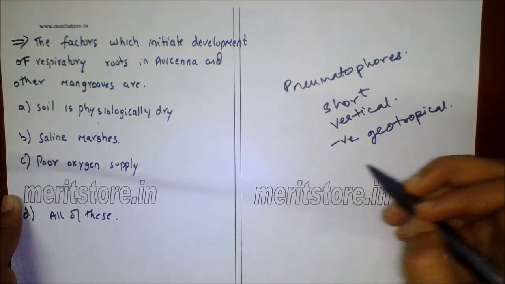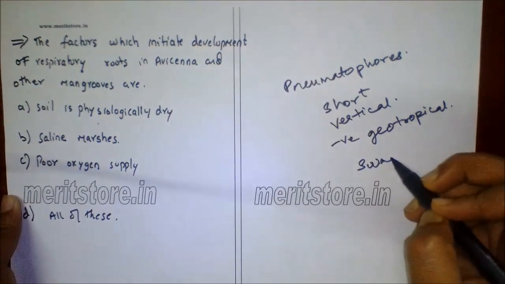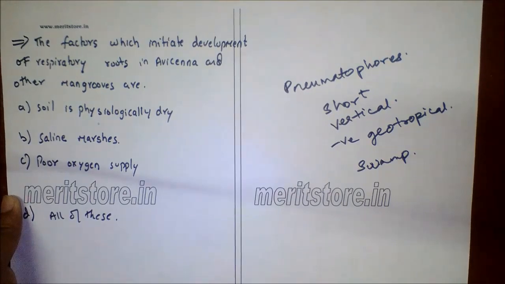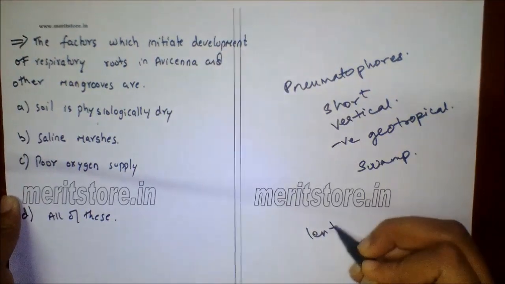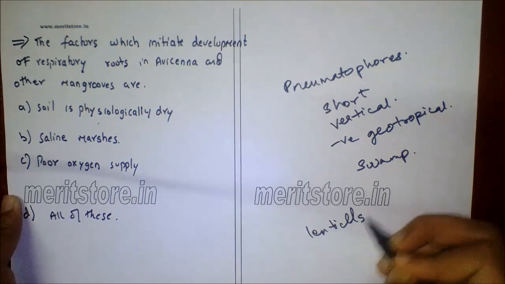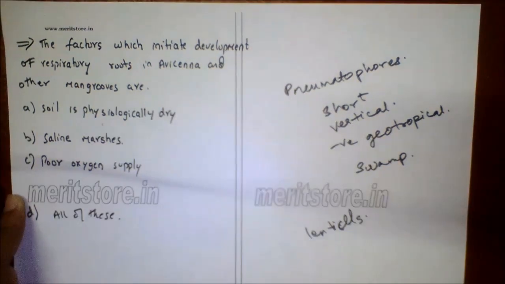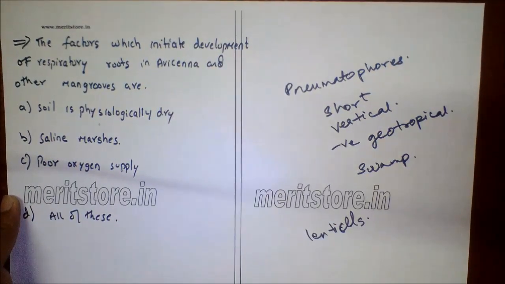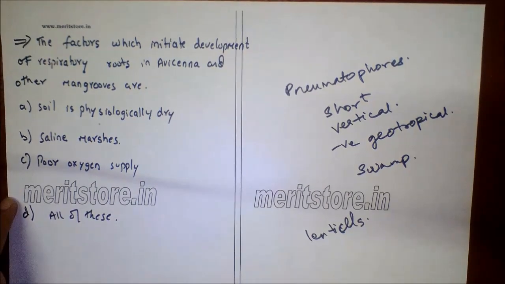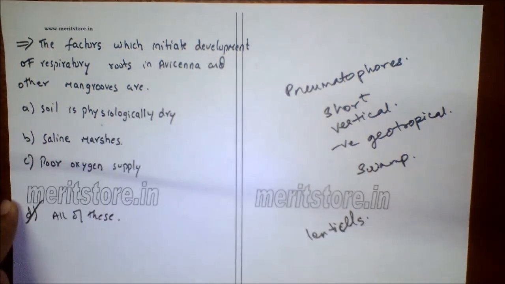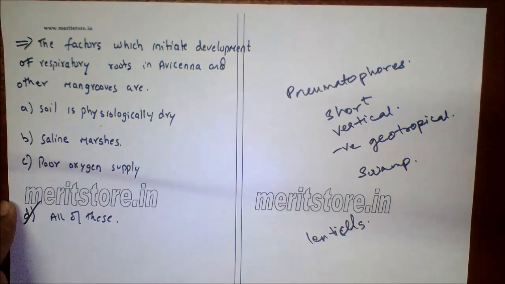The roots come out of the swamp. The upper end bears lenticels for exchange of gases. These are lens-shaped openings which are seen in Avicennia officinalis. So option D is the correct answer.